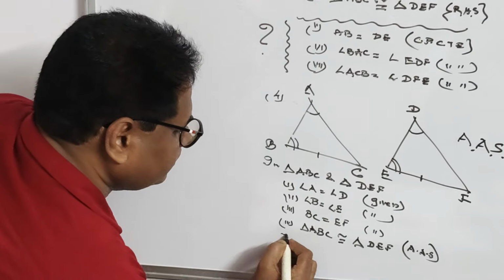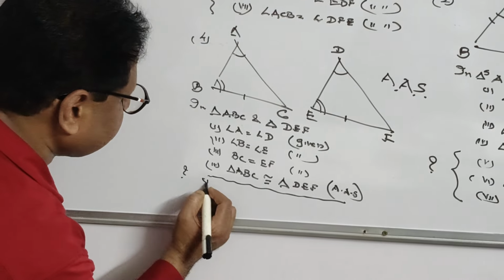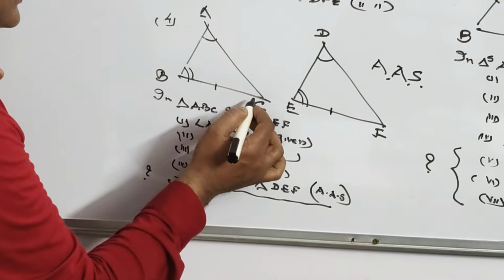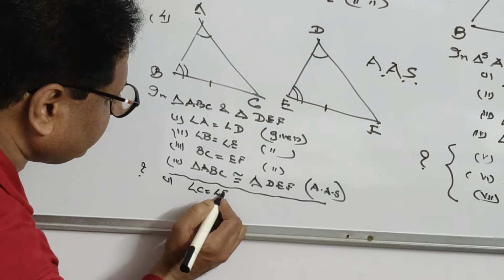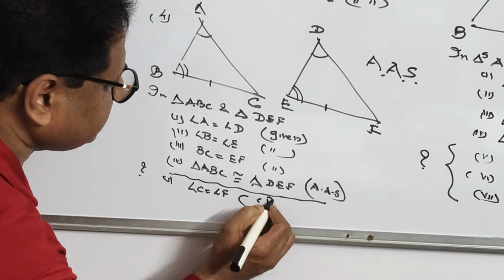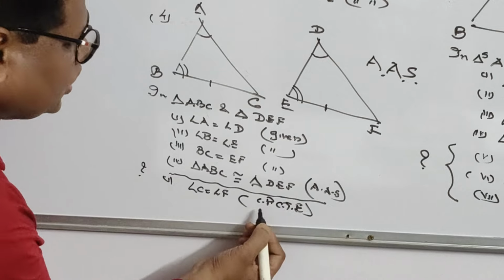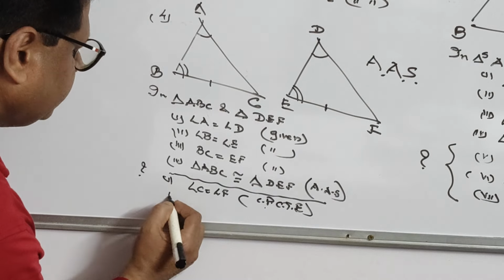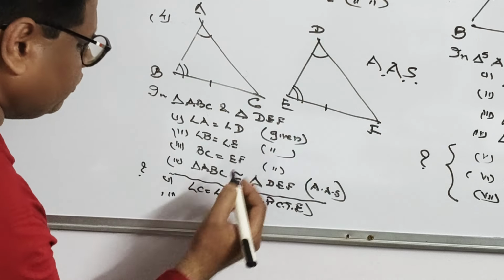Then the left out, that means the question marks that could be asked. First, we are left with angle C equals angle F. When you are writing this, you write the reason CPCT, that is, congruent parts of congruent triangles are equal. Second, suppose you are asked to prove AB equals DE.